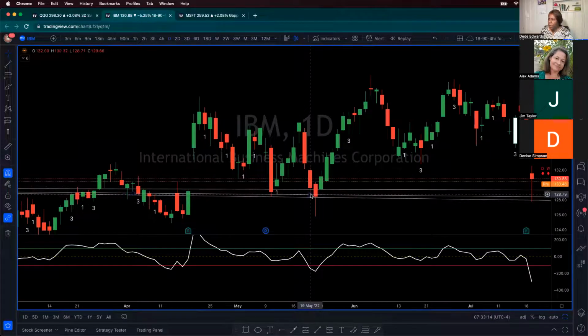We drew another one from the low of this range to this 2-up bar here. So the low of this range, the next lowest candle inside that range. And then we drew from the low of this range to the low of this range.